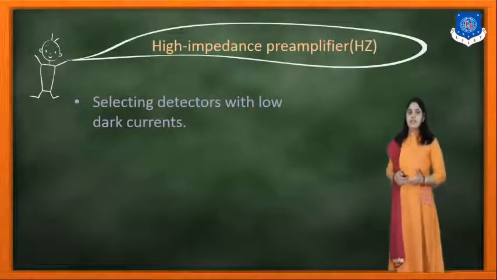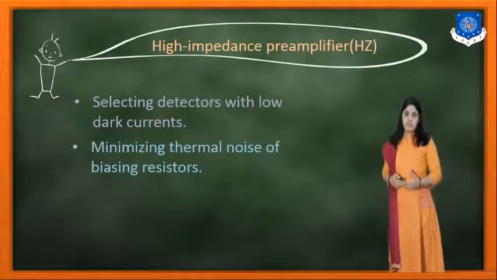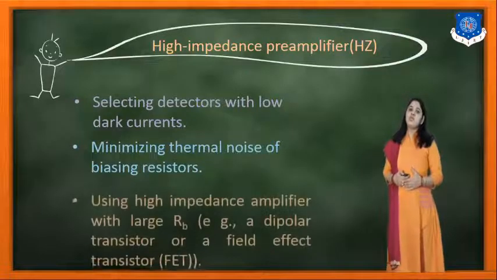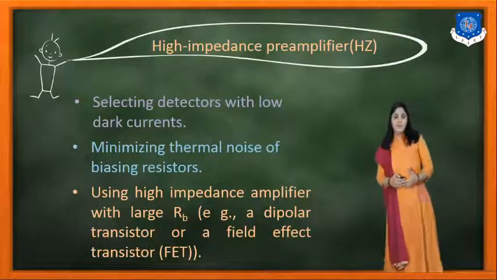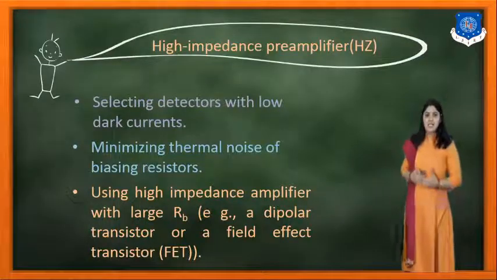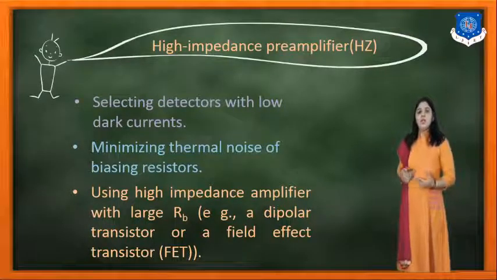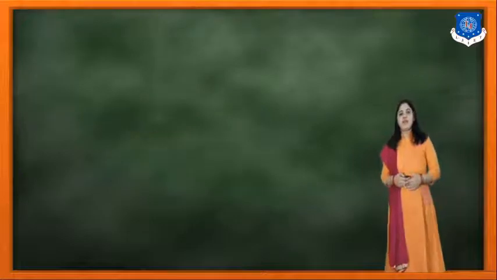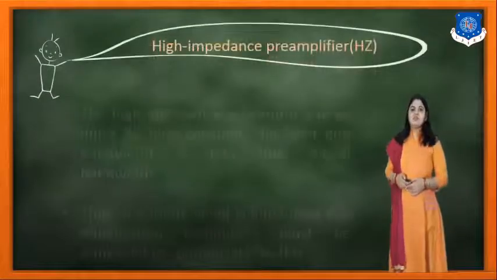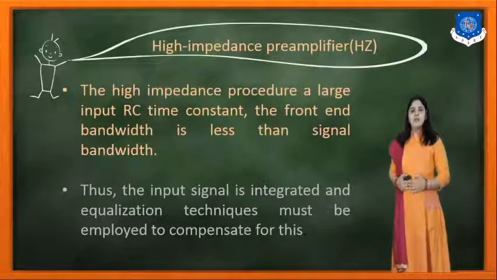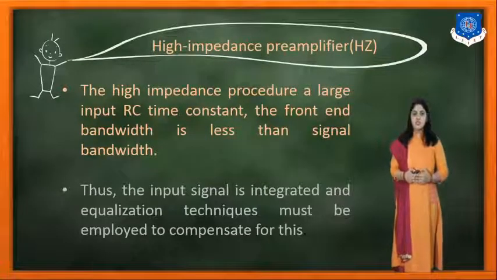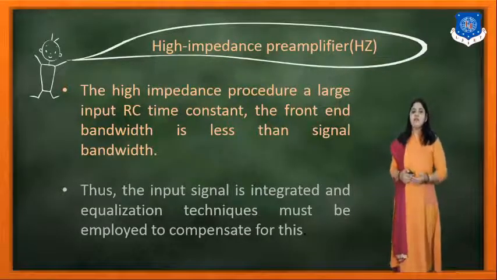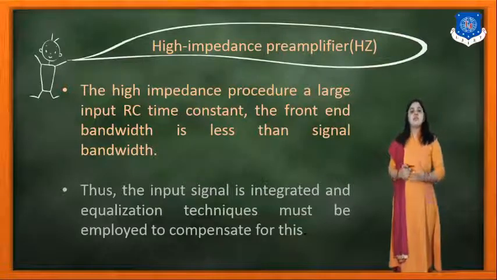Selecting detectors with low dark current minimizes the thermal noise of the biasing resistor, using a high impedance amplifier with a large RB, for example a field effect transistor. In the high impedance approach, the large input RC time constant makes the front end bandwidth less than the signal bandwidth.